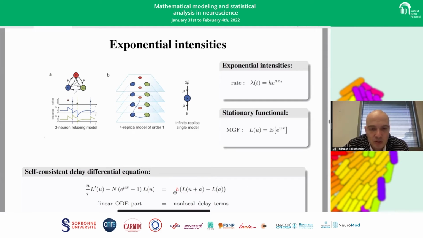When H is equal to 0, this becomes just a plain ODE which you can solve. And so when you have this non-zero delay term, you can hope to form a perturbative series of the solution and hope that it has the right analytical property that you are after, so that it represents a physical distribution. And the whole technical analysis is to show that it is indeed the case.